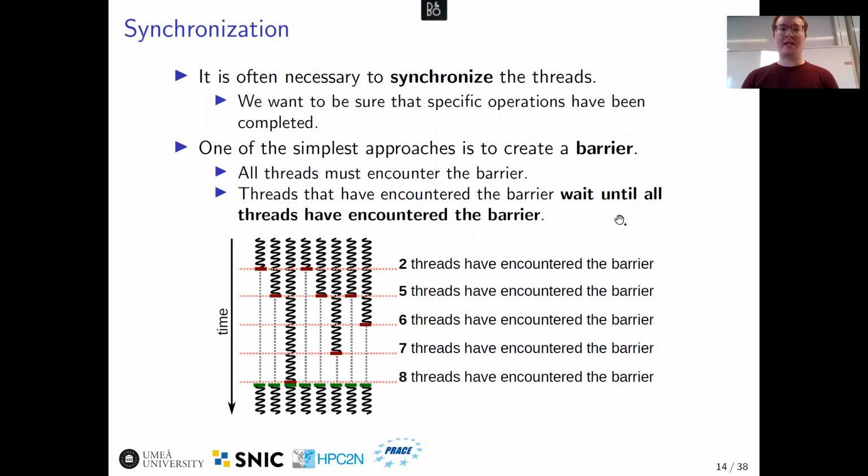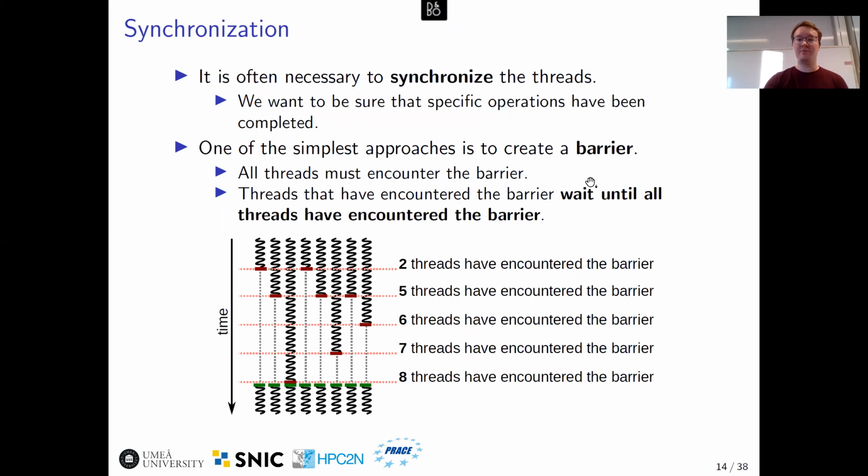Now then to the next topic, which is synchronization. It is quite often necessary to synchronize the threads. For example, we want to be sure that certain memory operations have finished before we start using the data for something else. One of the simplest ways of doing synchronization is to create a barrier.